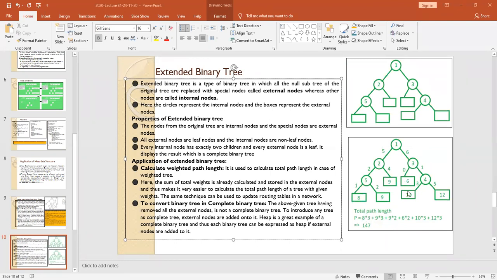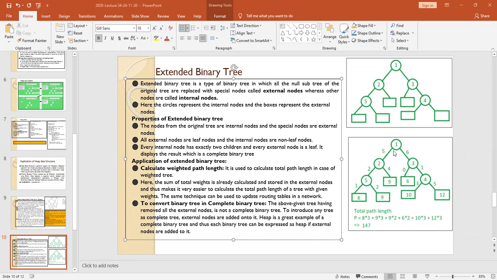You can place any values like this, but it should obey the property of a binary tree. Here 1 is there, 2, 3, you can give any values like that. Now you find the path from root node to leaf node. First leaf node is 8, second is 9, third is 9, next 6, 10 and 12.